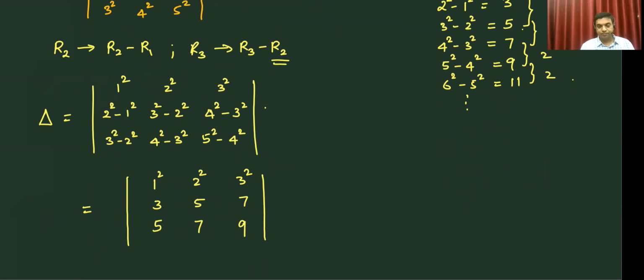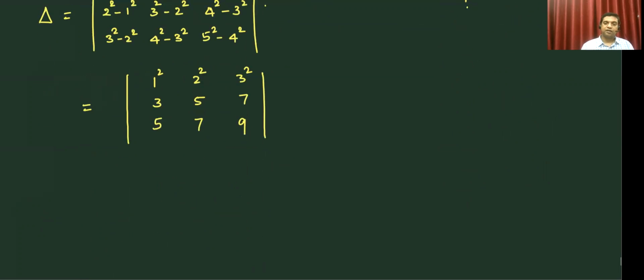Now what do you do? We can expand directly, or again you can simplify. Again you can do one minus the other. That also you can do. If you want to reduce, it will not make a big difference.